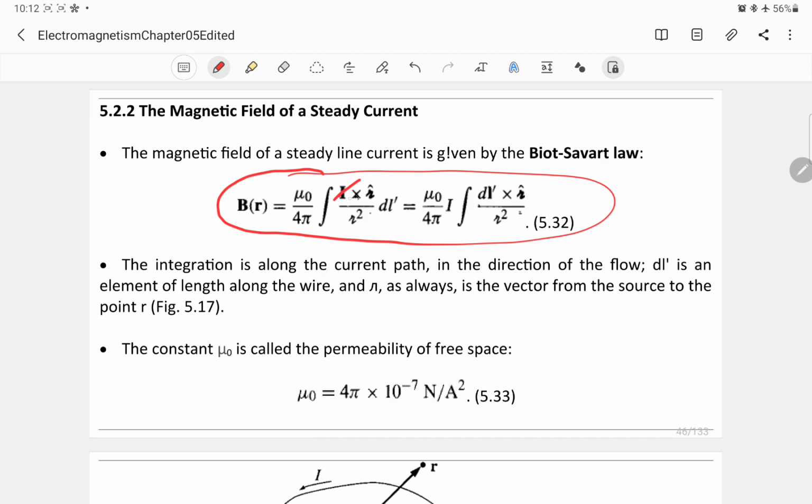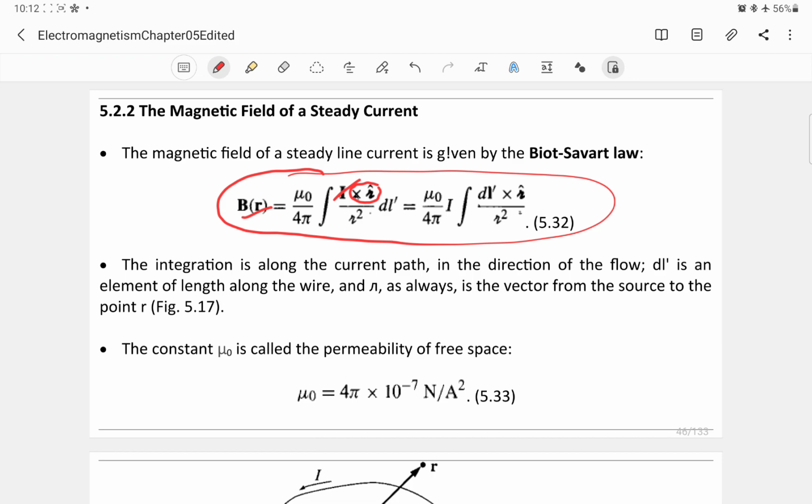The current direction is always along dl, so you have to have a cross product here with another vector, r. It's the vector from the source to the point where you are going to measure the magnetic field, not necessarily perpendicular to I, but any point where you want to measure the magnetic field.